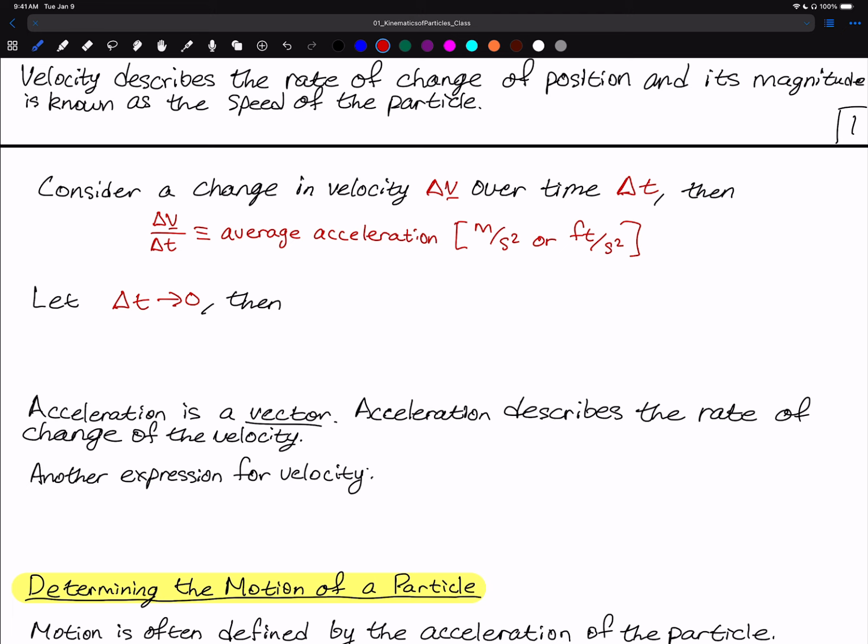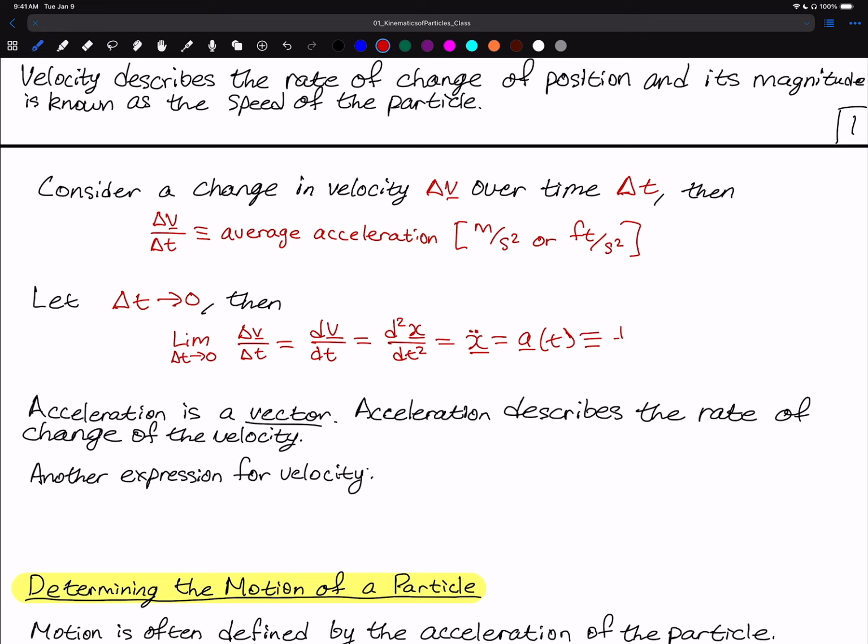We're again going to take the limit as delta t goes to 0, and doing so we'll take the limit as delta t goes to 0 of delta v vector over delta t. This is going to be equal to the derivative dv over dt, which is equal to d squared x over dt squared, which we'll say is equal to x double dot under bar, equal to a under bar of t.